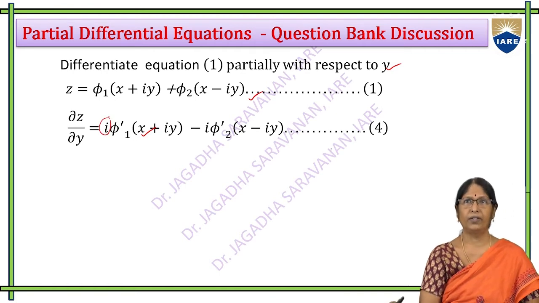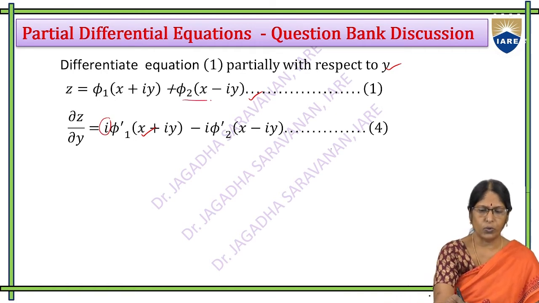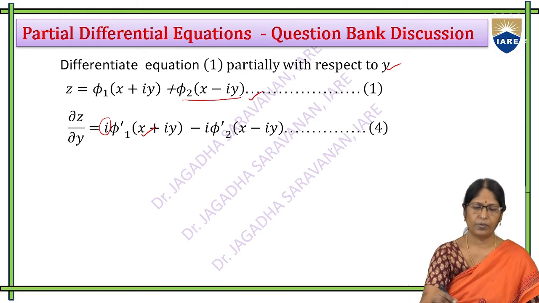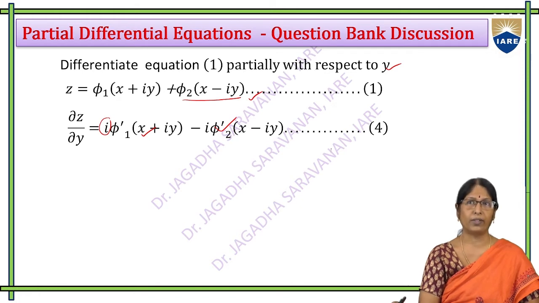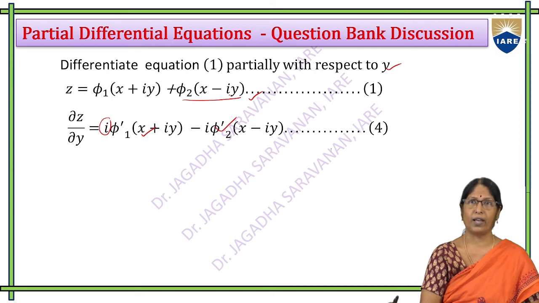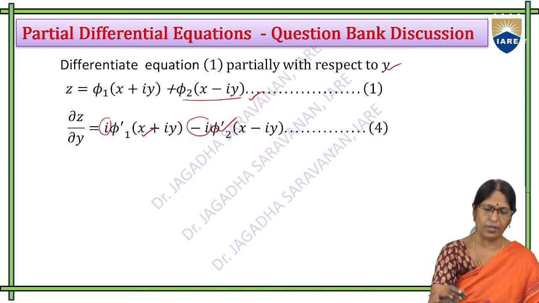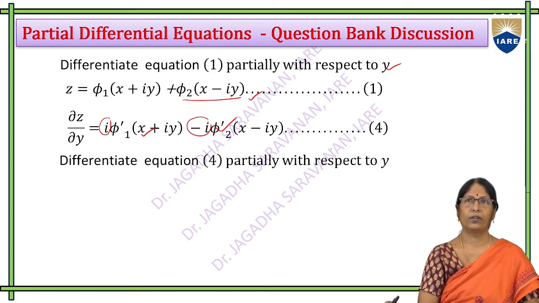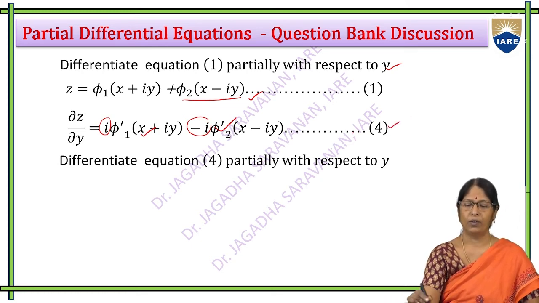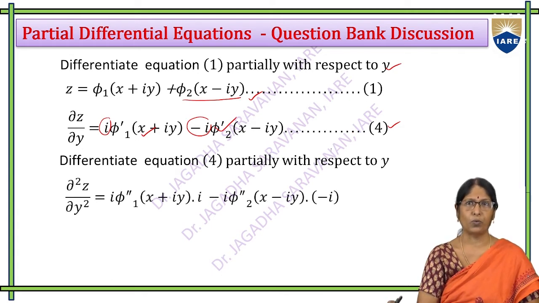That is written here. Similarly for phi2, the differentiation is phi2 dash, defined in terms of x minus iy, so the y differentiation is minus i, which is written here. This equation we are naming as result 4. Again, we are going to do the differentiation with respect to y.